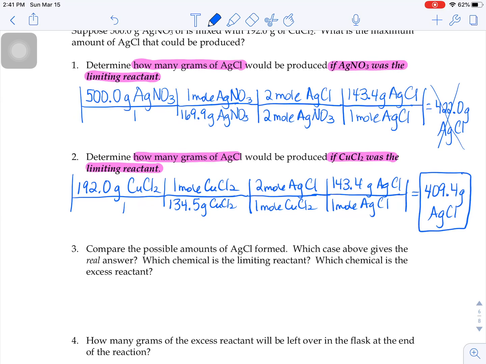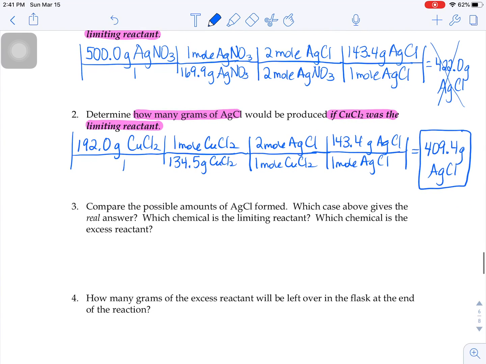We never actually hit 422 grams worth of product because we run out of copper 2 chloride as soon as we hit 409.4 grams of silver chloride. So the real answer, we would be able to make 409.4 grams of silver chloride.